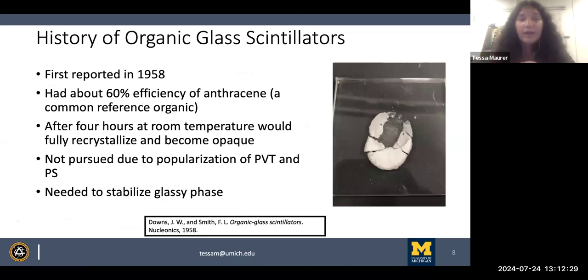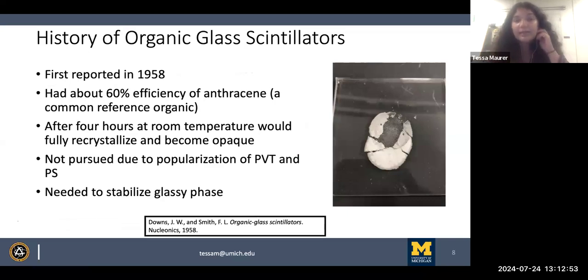Okay, so now for some history of organic glass scintillators. I briefly alluded to this when I was talking about when the OGS was originally developed. It wasn't actually first developed by the Sandia National Laboratories. The first report of organic glass used as a scintillator was in 1958.